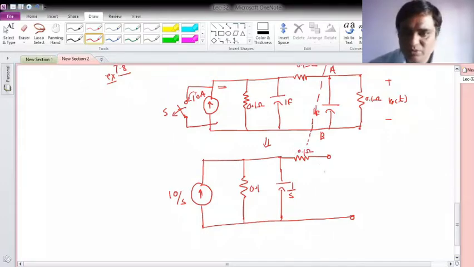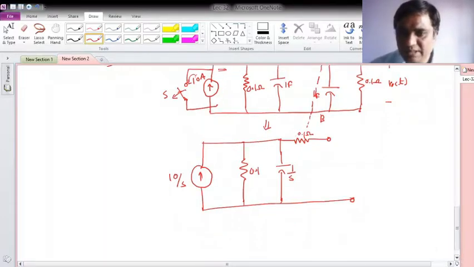Okay. So first I will obtain the short circuit current. For that, let me short circuit this terminal. If I do the short circuit, I would like to obtain the total ISC, my short circuit current. So how to obtain it? I know this current, that is 10 by S, and this current can be obtained by taking the equivalence of this, where I observe that 0.1 and 1 by S are in parallel.